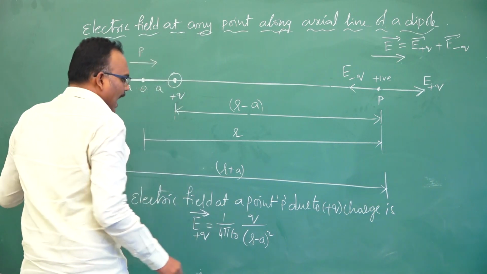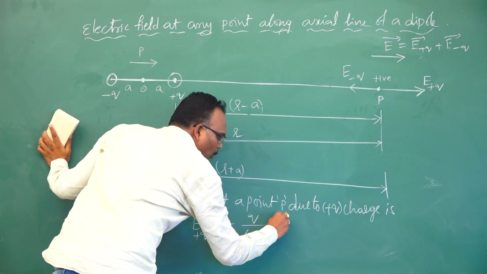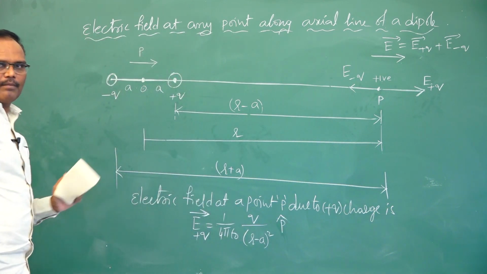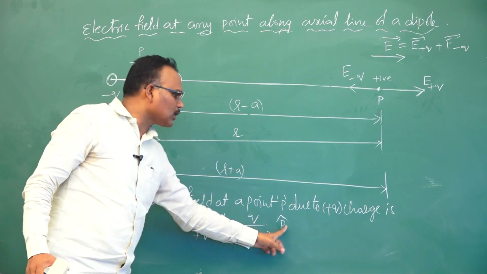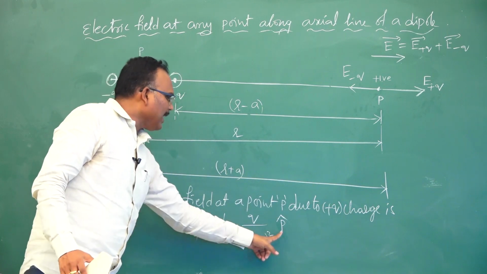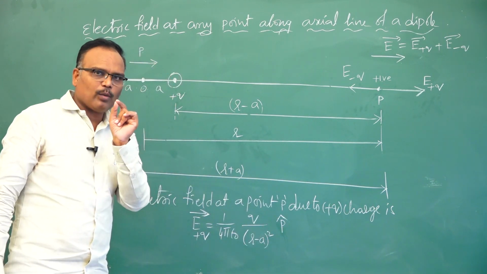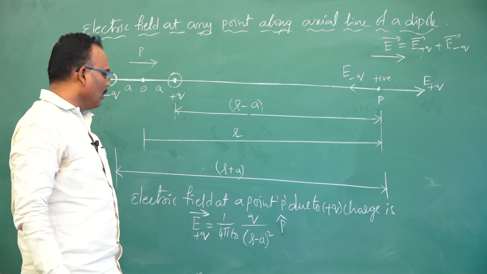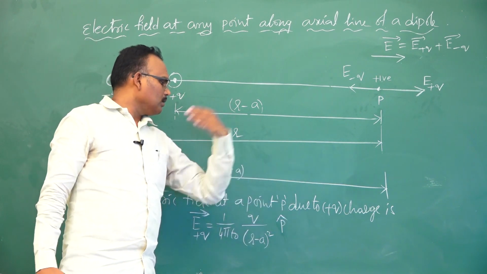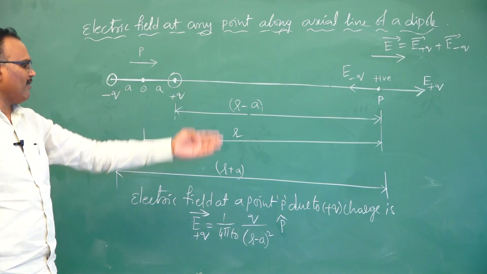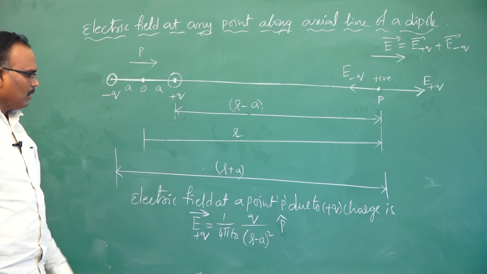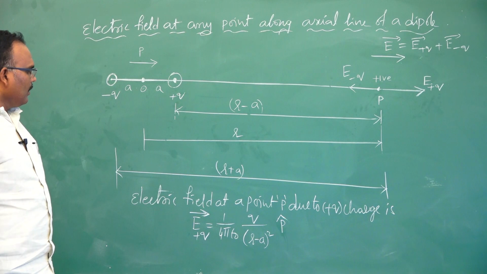So that's why I will multiply with the dipole moment unit vector. Why? Because the direction of dipole moment and electric field are both in the same direction. P cap value is 1 because unit vector value is 1. So this is right for electric field due to positive charge at point P in vector form. Is this okay? Next.